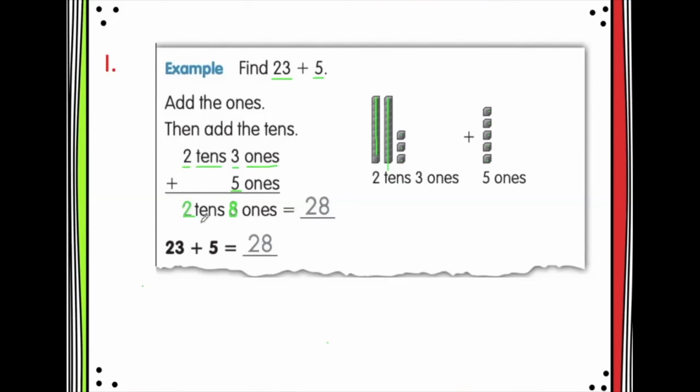Now we can read this as 2 tens and 8 ones equals 28, because 2 is in the tens place, which makes 20, and 8 is in the ones place, which makes 8. Altogether, that's 28. So for this example, we did not have to regroup because the ones place equaled something less than 10. 8 is less than 10, so we did not have to regroup.